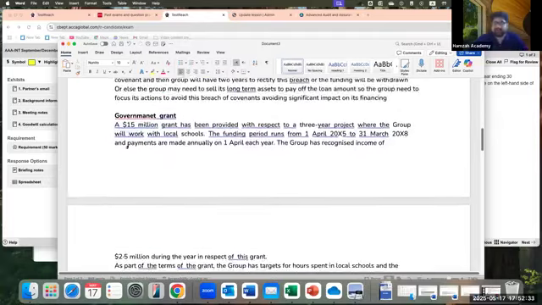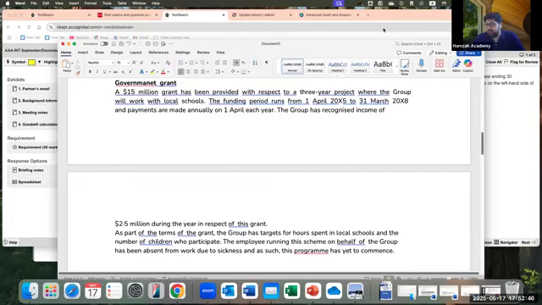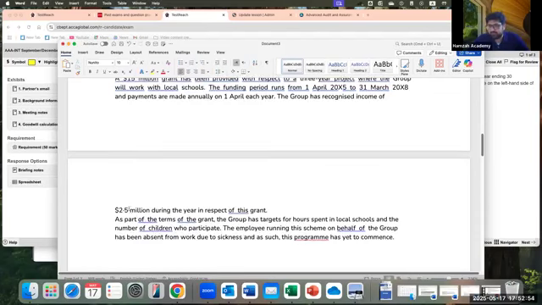So next is the government grant. The government grant is 15 million, a 3-year project. The funding runs from 1st April to 31st. Payments are made on, yes, they're 2.5 million, for hours spent in school and the number of children who participate. The employee running sickness.